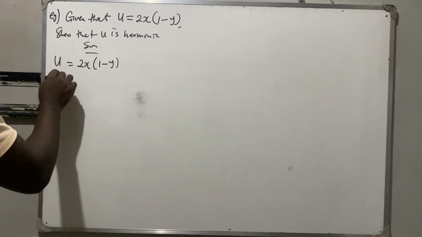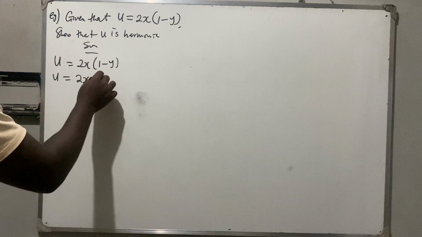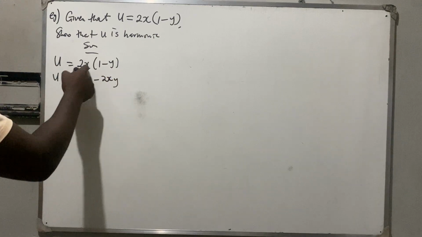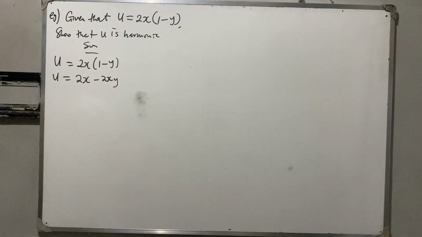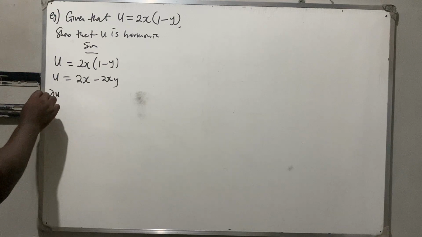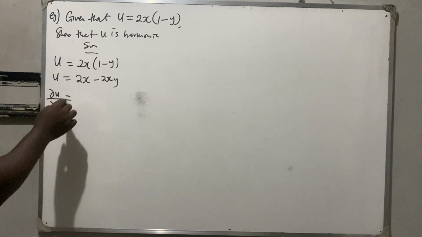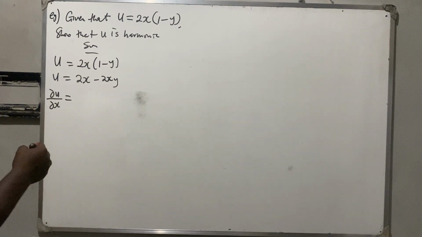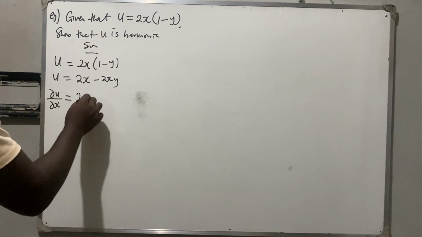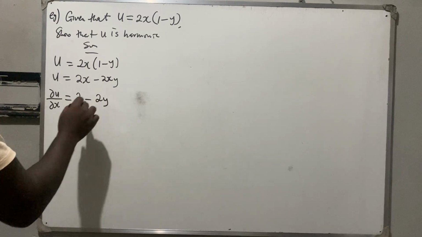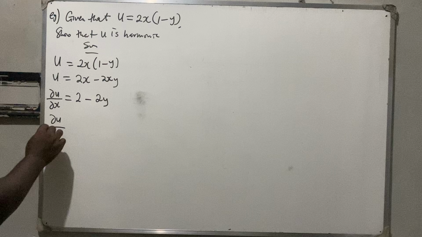If I open the bracket, you will see that u is equal to 2x minus 2xy. So we need partial u over partial x, differentiating with respect to x. This is 2 minus 2y.